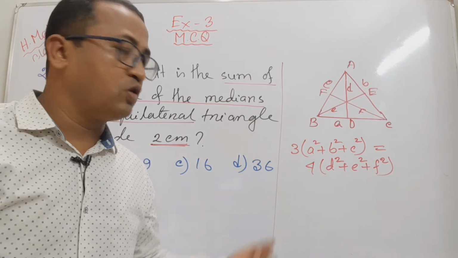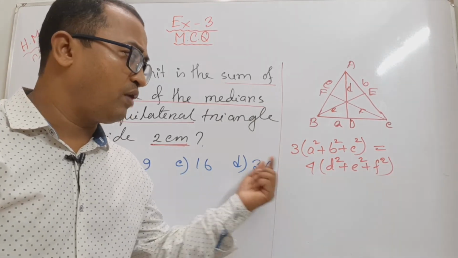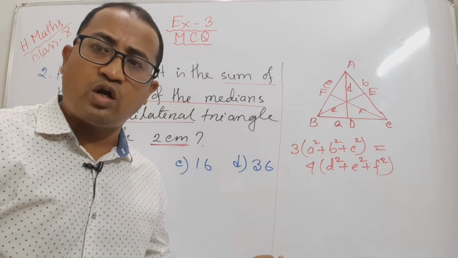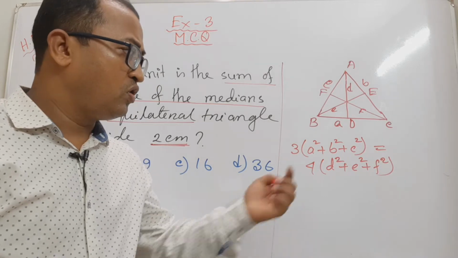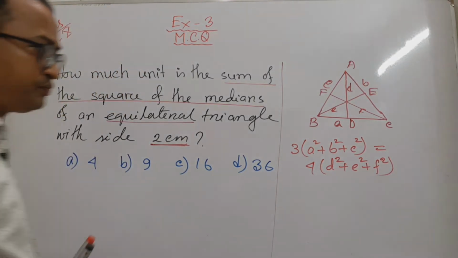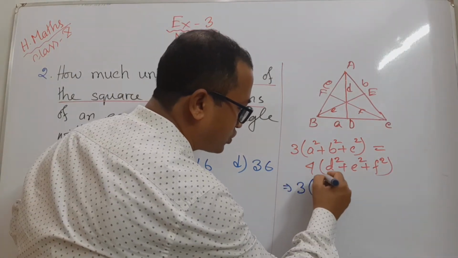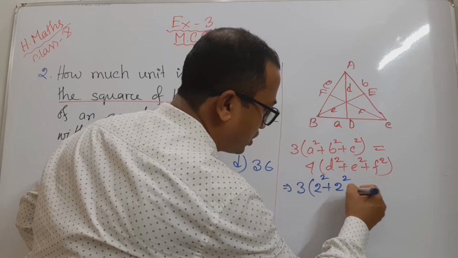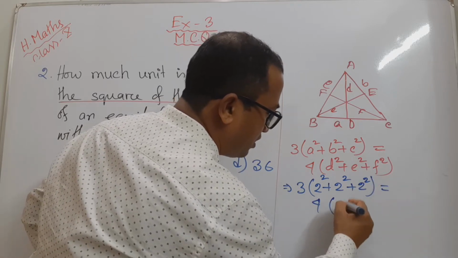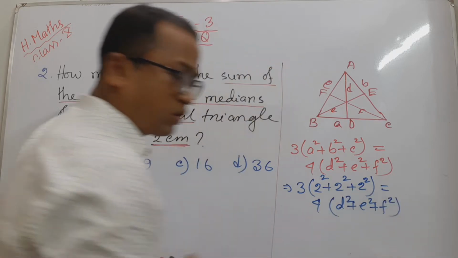If we put the values of A, B, C, from here we can find the value of D square plus E square plus F square, that is the sum of the squares of the medians. So, put the values of A, B, C over there. It will be like this: 3 times 2 square plus 2 square plus 2 square equals 4 times D square plus E square plus F square.